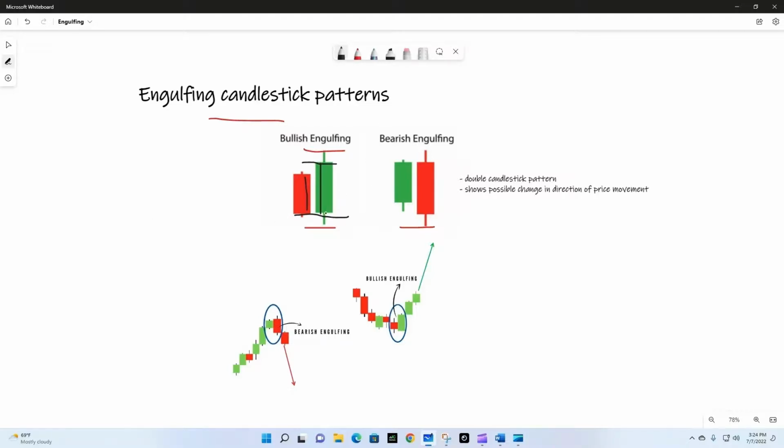So this one opened here, closed here. The first candle is completely engulfed by the second. When you see such a candlestick, it indicates there is going to be a market reversal. A double candlestick pattern shows a possible change in the direction of the price movement.